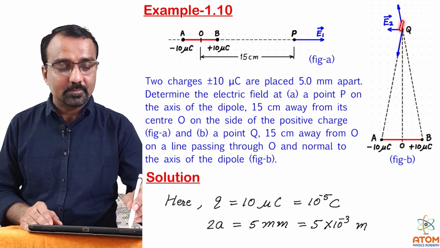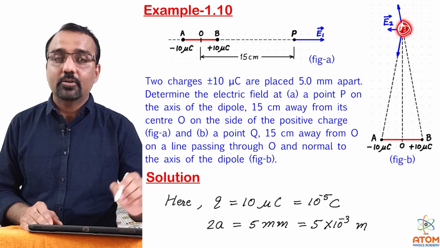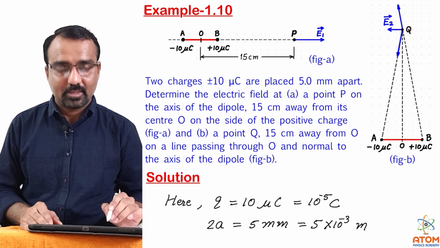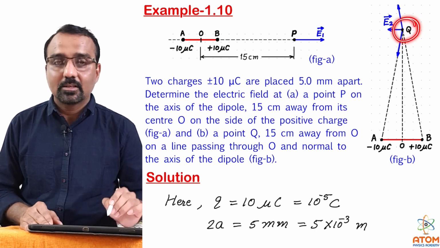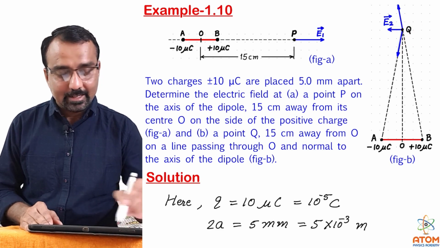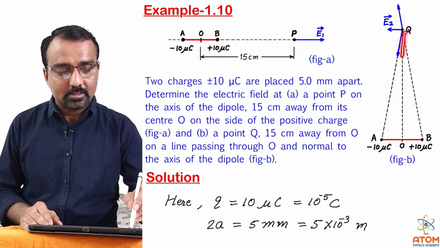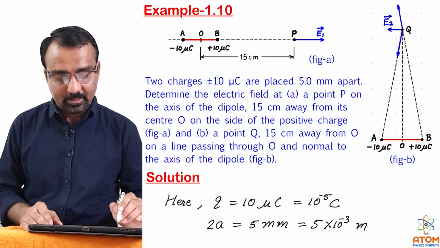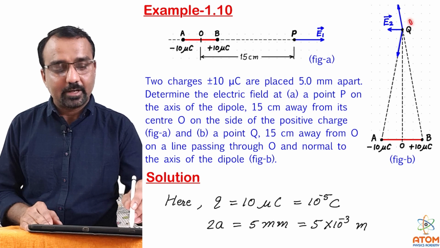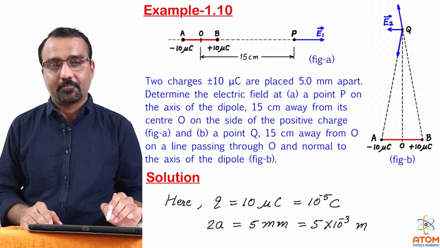That is why this obviously becomes a point on the equatorial plane. So this Q is a point on the equatorial plane, and it is again 15 centimeter.